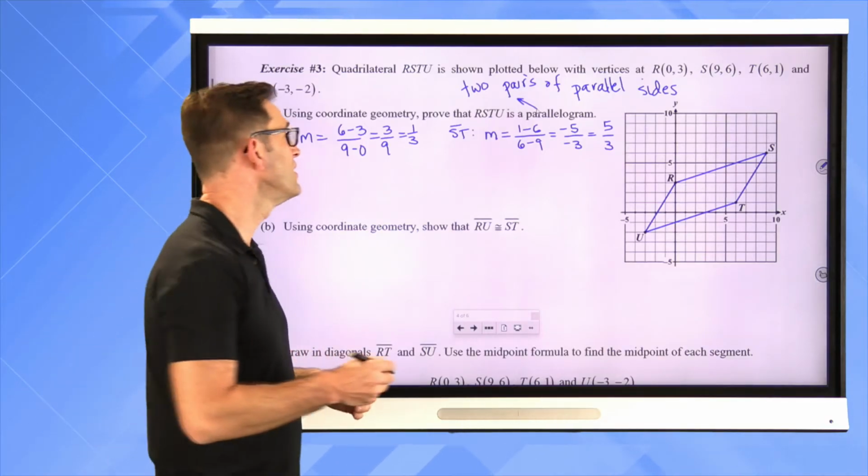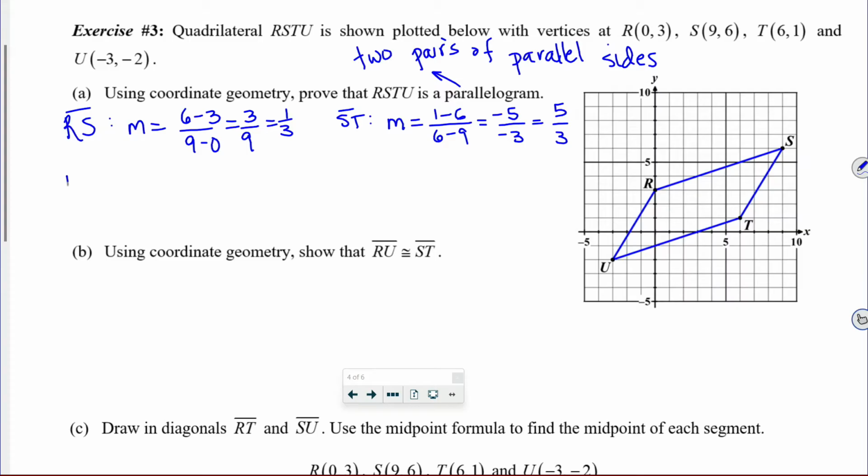All right, let's do TU next. The slope of TU is going to be -2 minus 1 all over -3 minus 6. That's going to be -3 over -9.